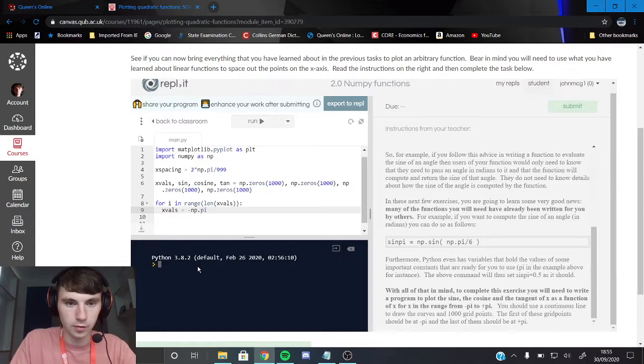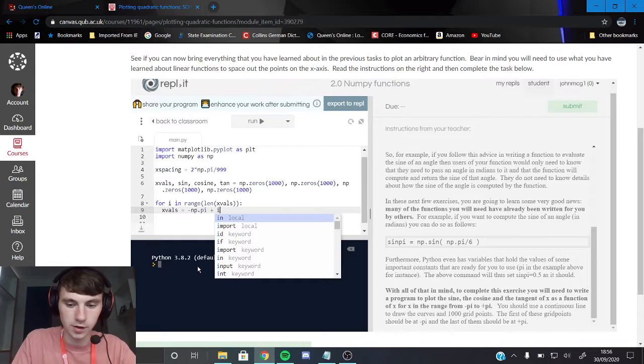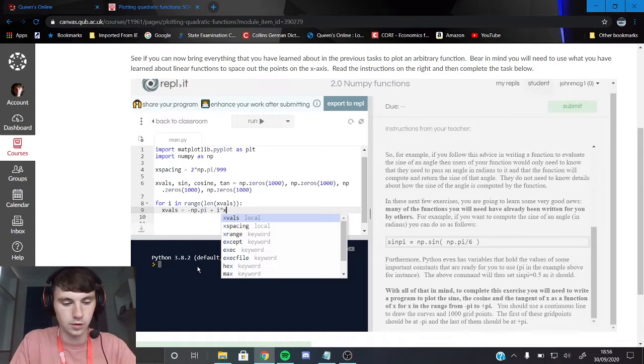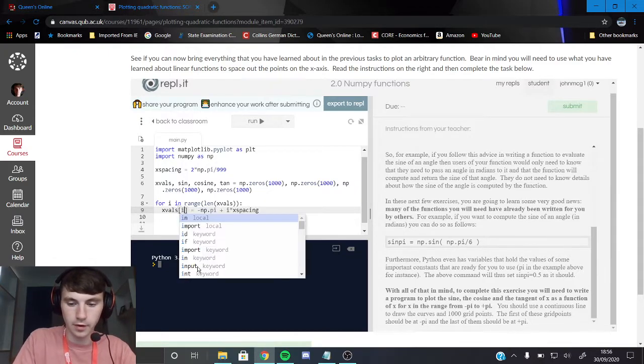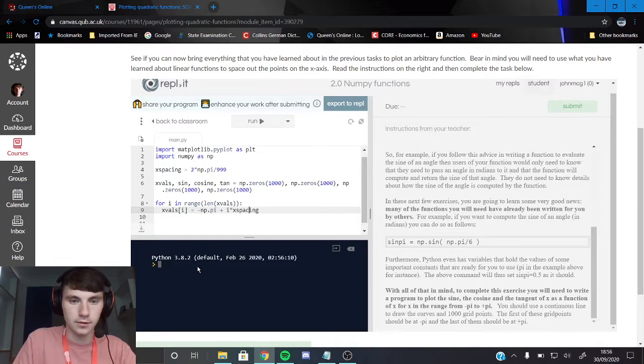Minus np.pi plus i times x spacing, and it's x vals i as well, sorry. So that basically gives us minus pi to pi in 1,000 different points.